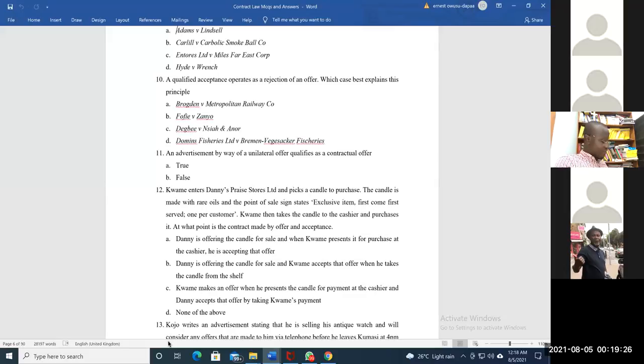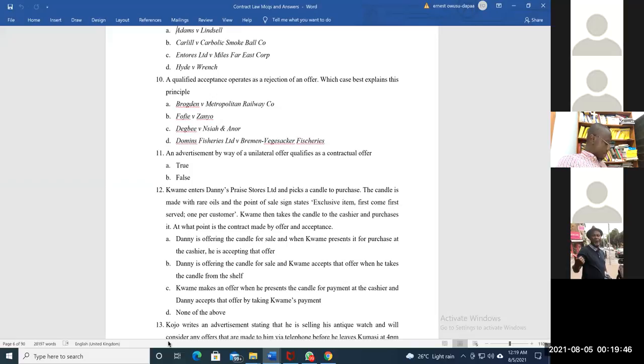All right, David. Okay, so in Dominion Fisheries, the principle established by the court is that a request for information concerning a contract does not constitute a counteroffer.